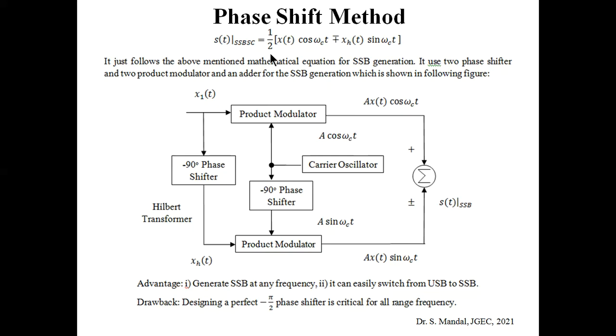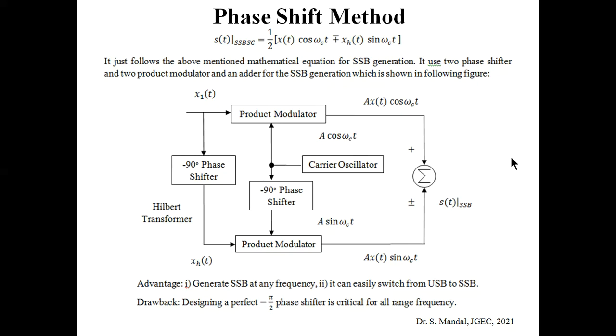That's why we can generate SSB at any frequency. And again we can easily switch from USB to LSB, because we are using an adder and a subtractor. Whenever the adder is used, then LSB will be generated, and when the subtractor is used, then the USB will be generated.